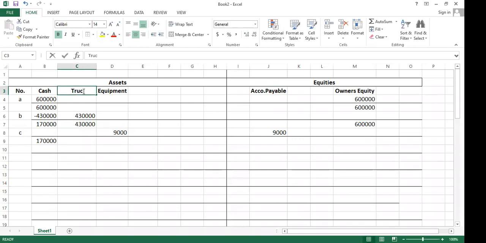Truck does not change, 430,000. Accounts payable is 9,000. Owner's equity does not change, 600,000.